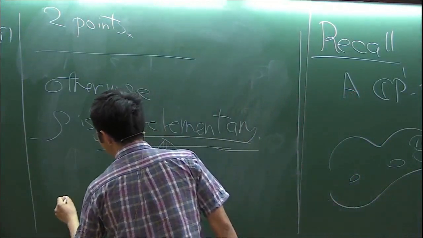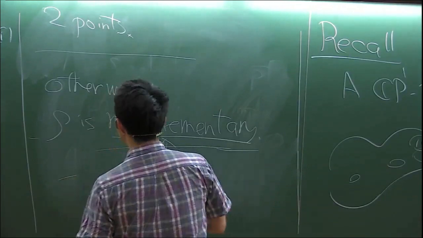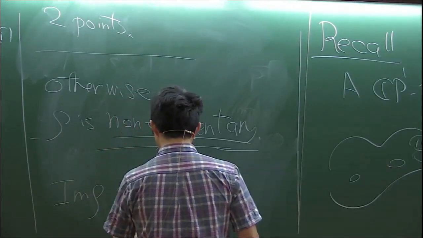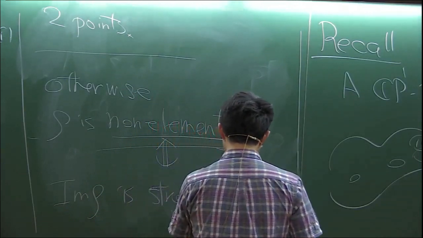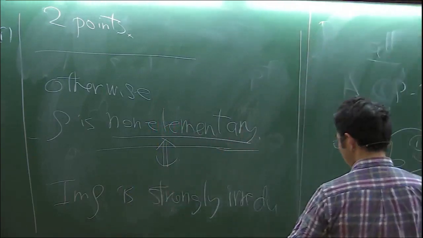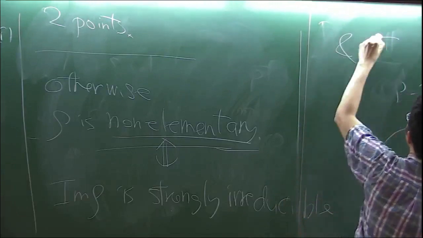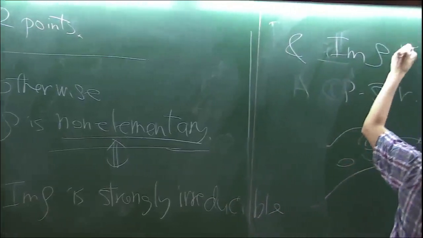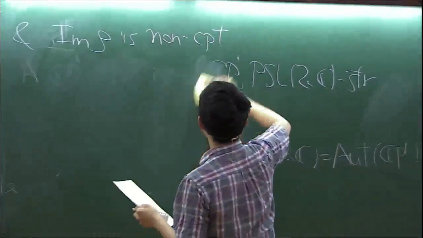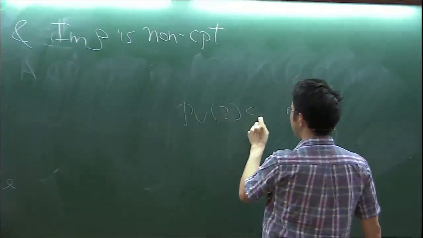Let us see it in a slightly different way, as Bertrand kind of said, so that the image of rho is strongly irreducible and the image group is non-compact. So PU2 is sitting in PSL2C.